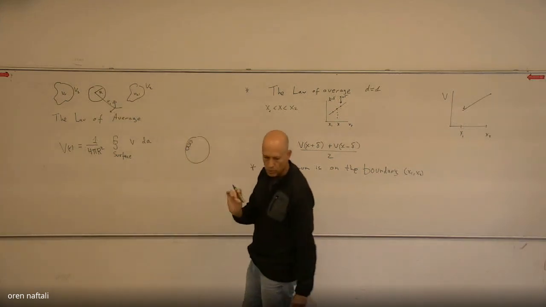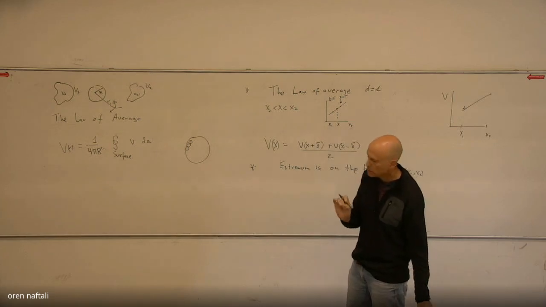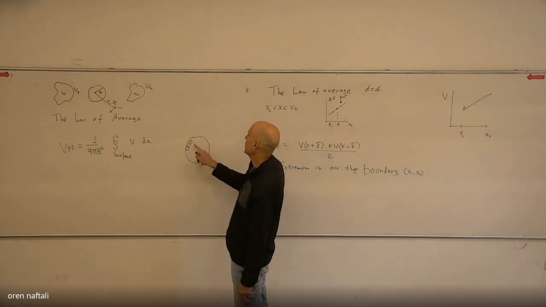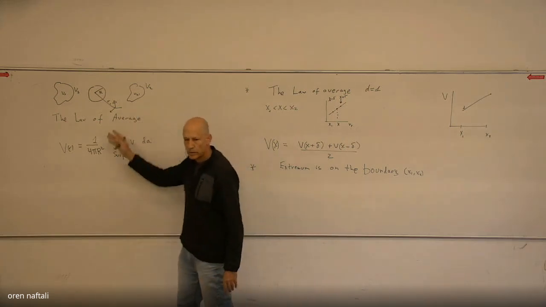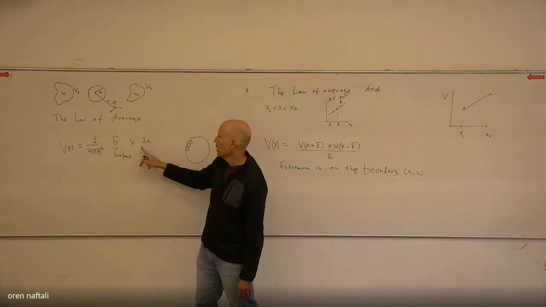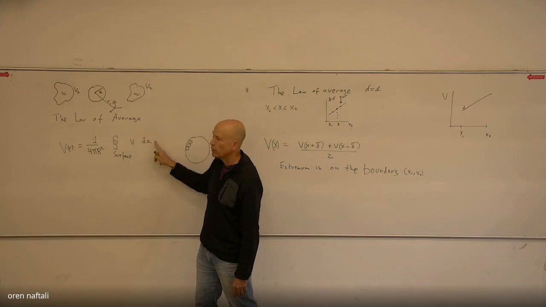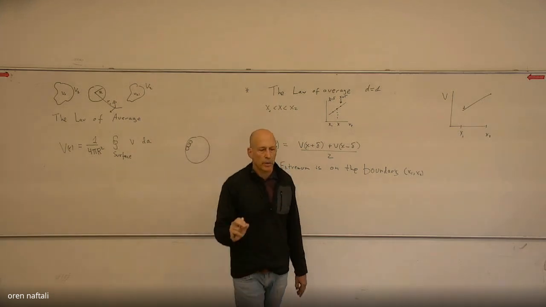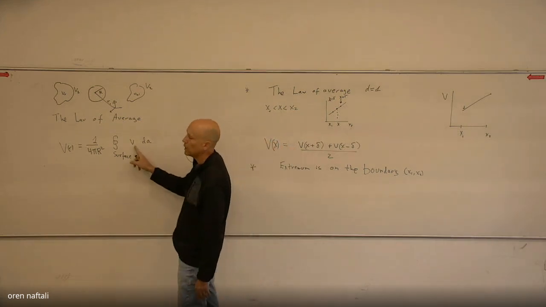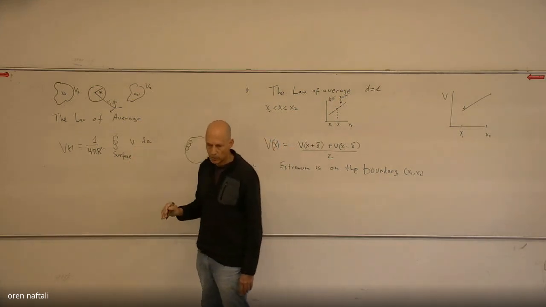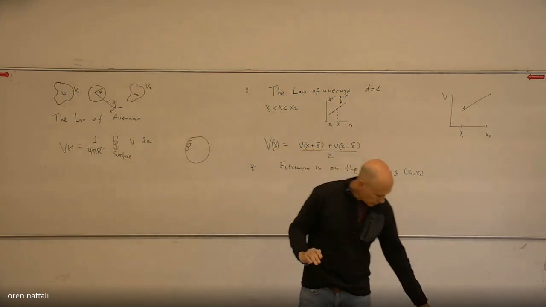Each small patch has some potential. I take V at this point, multiply by dA, and sum them. This is the meaning of this integral. Notice that these are not vectors. Sometimes dA appears as a vector and sometimes not. In this case, it's not, because you're multiplying it by a scalar. This is the statement.